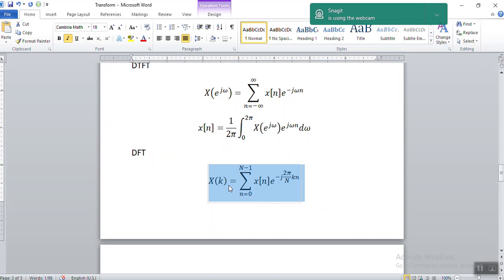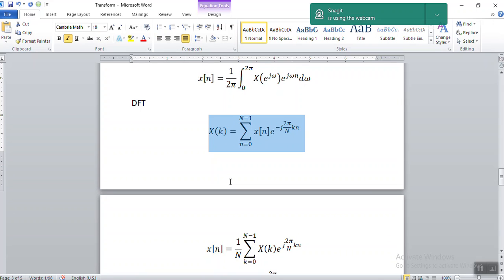Just for the sake of computing in a finite machine or in computer algorithms. While doing so, it is important to look at the computational complexity involved in the direct computation of the DFT. As you can see, e to the power minus j 2 pi by N k n is a complex quantity, because it is cos of 2 pi by N k n minus j sin of 2 pi by N k n. It multiplies x of n, which may be real or complex.